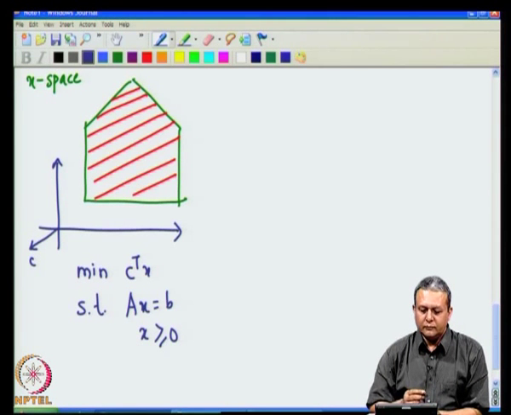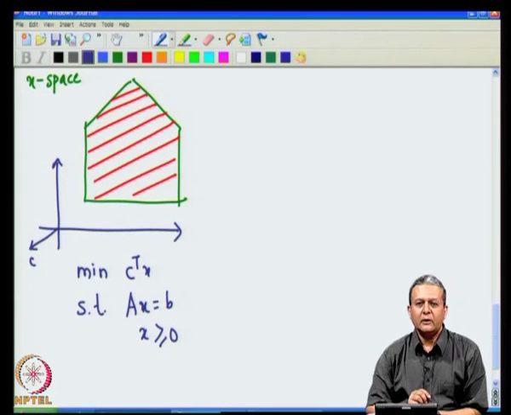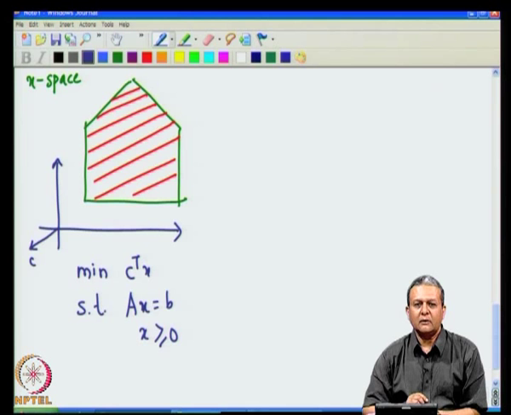Now, one important point is that suppose we want to use the steepest descent direction.